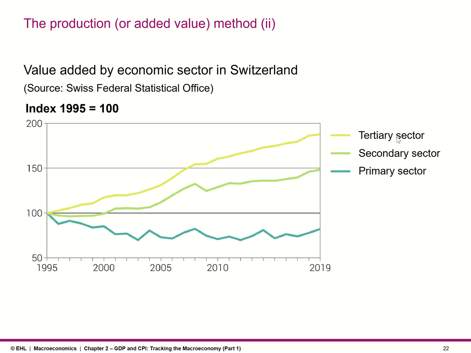The tertiary sector in Switzerland is typically financial services, insurance services, advice, tax advisory, or pharmaceutical laboratories, pharmaceutical analysis, stuff like that. While the secondary sector is the manufacturing industry of machines, of watches, stuff like that. And the primary sector is the agricultural sector, mostly, in Switzerland.